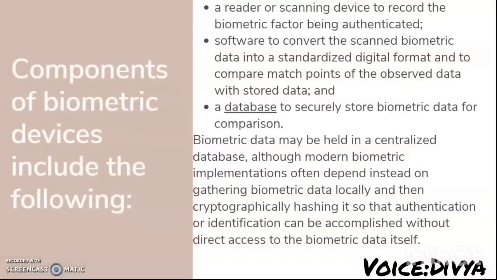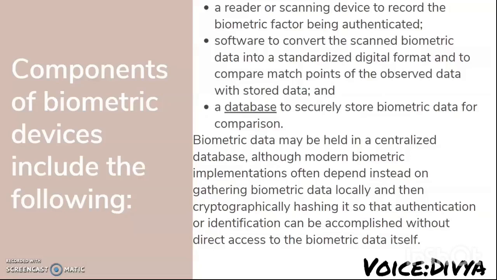Components of a biometric device include the following: a reader or scanning device to record the biometric factor being authenticated, software to convert the scanned biometric data into a standard digital format and to compare match points of the observed data with the stored data, and a database to securely store biometric data for comparison.